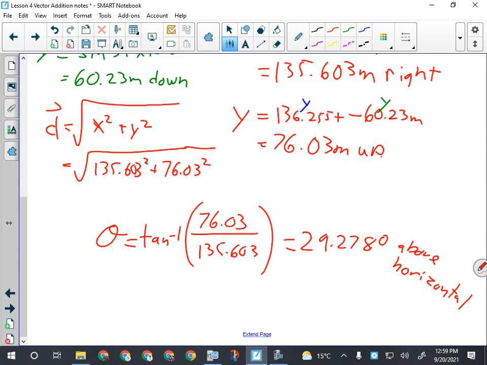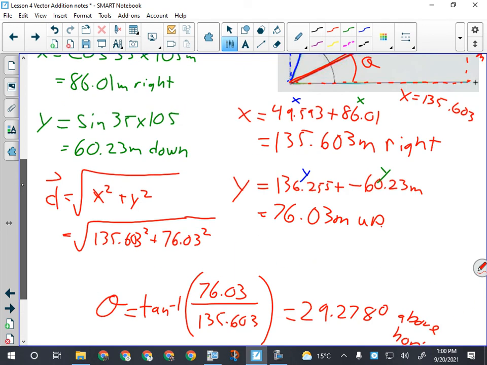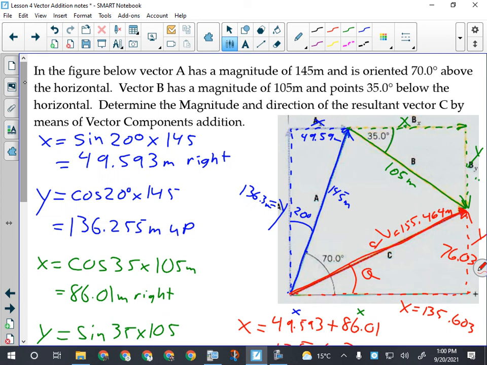Now I have the magnitude and the direction of my resultant, my overall displacement. Now I need to write the answer with the correct number of significant digits. So I've got to go back to the very beginning. Everything had 3 significant digits, so my answer can have 3.